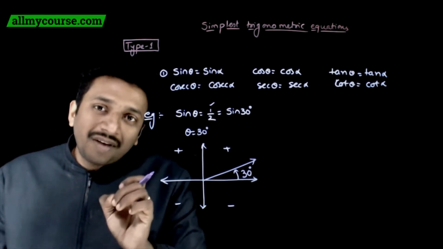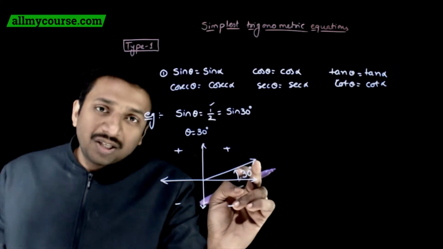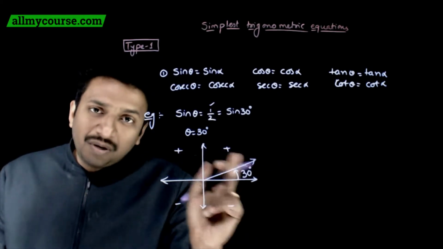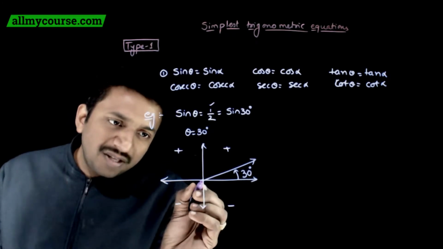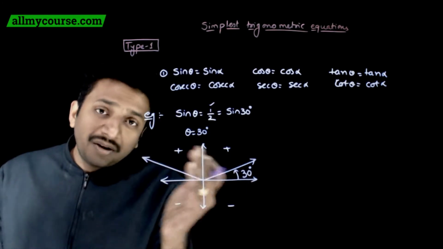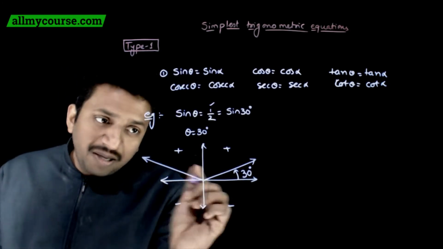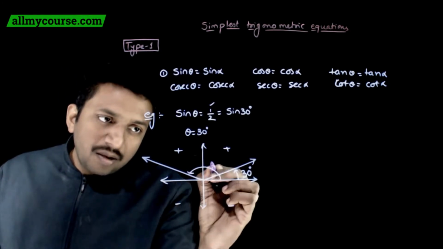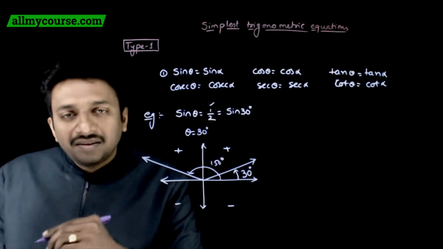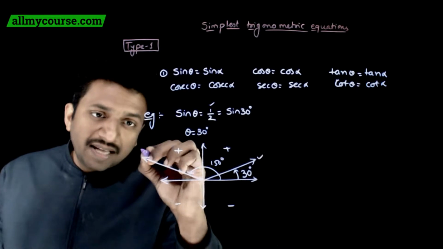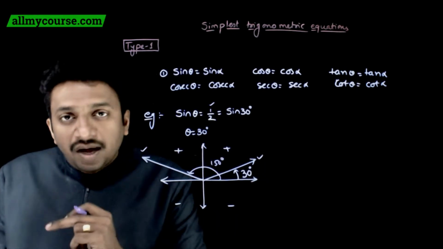Now from the concept of allied positions, if the corresponding sign for this position is equal to half, the corresponding sign for this position is also equal to half, the mirror image position or the allied position. So if this is 30, this is 30, that means this angle is 150 degrees. For this position as well as this position, sine will be equal to half.